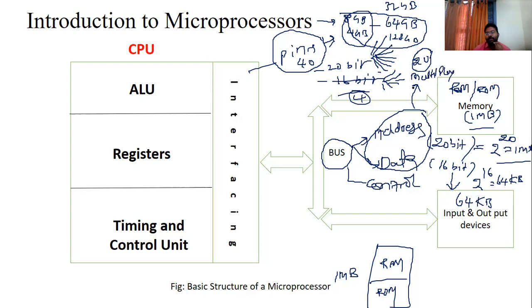These are bidirectional multiplexed lines: they can send information and also receive information.